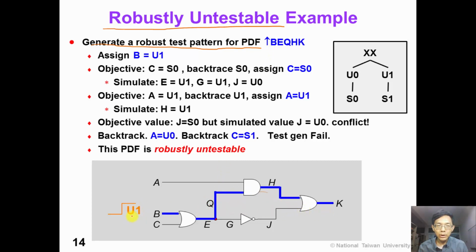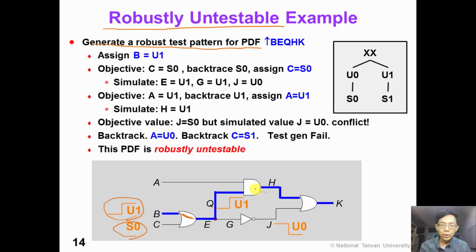At the starting point, we assign B to be U1, and if we want to robustly sensitize through this OR gate, we can assign C to be static 0. And we can perform simulation. So Q is U1 and J is U0.